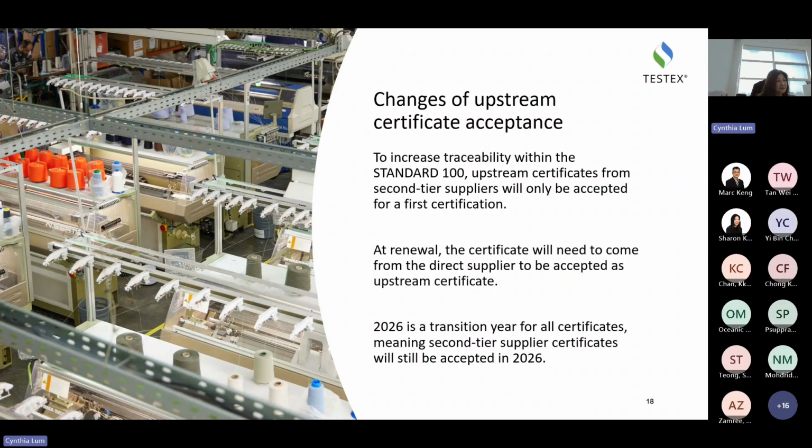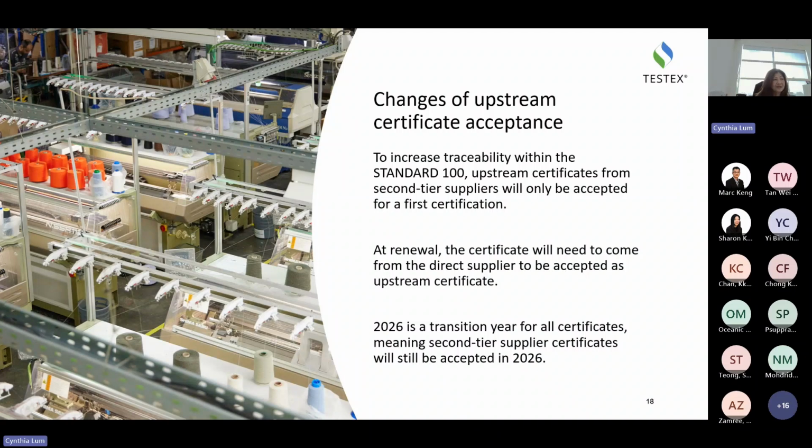certificate acceptance. To increase traceability within the Standard 100, upstream certificates from second-tier suppliers will only be accepted for a first certification. At renewal, the certificate will need to come from the direct supplier.